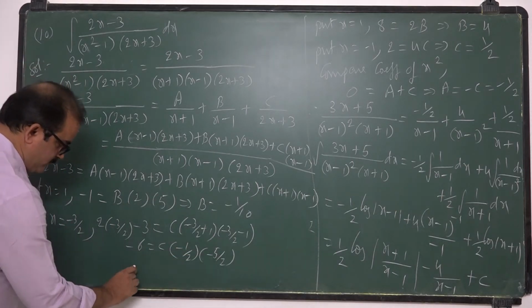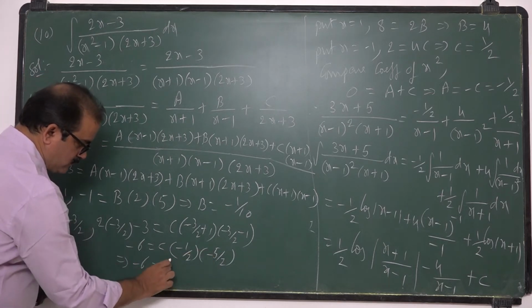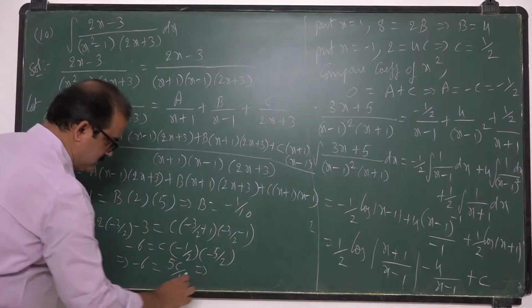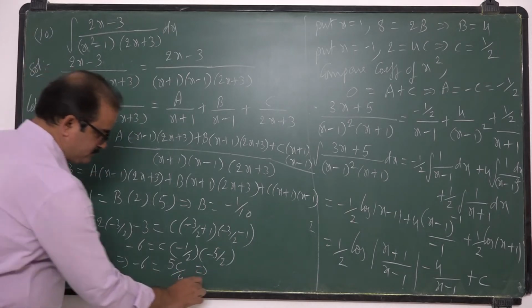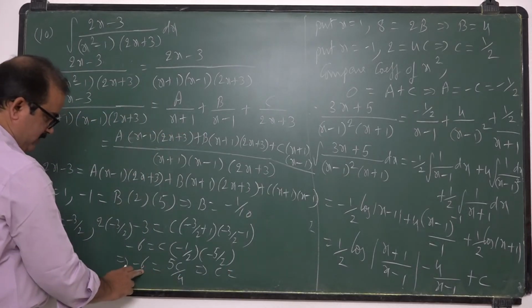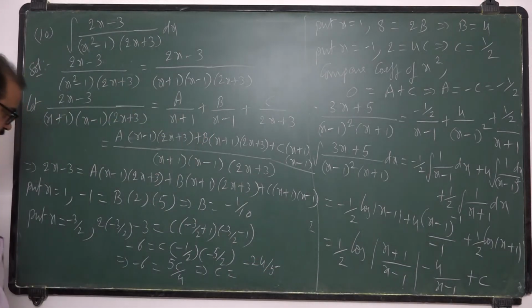So minus 6 is equal to 5C by 4. From this, C value, cross multiplying, is minus 24 by 5.